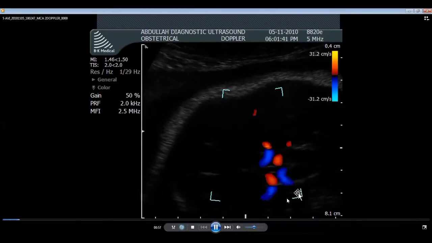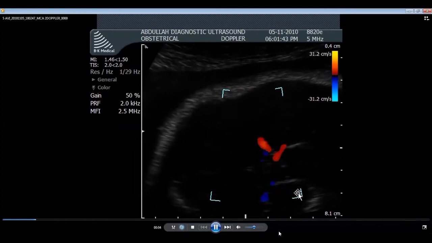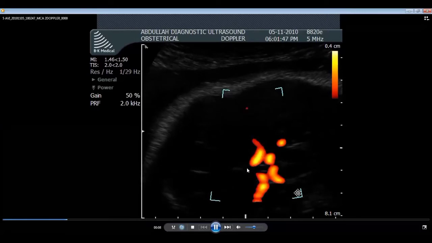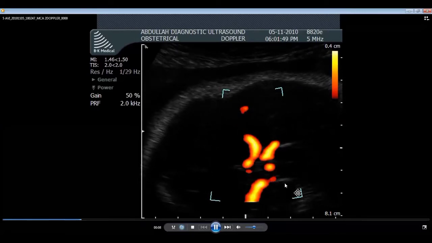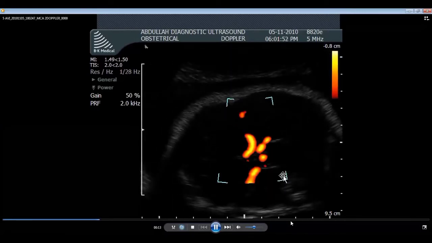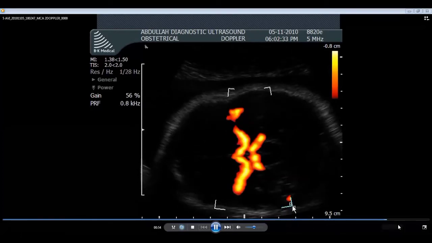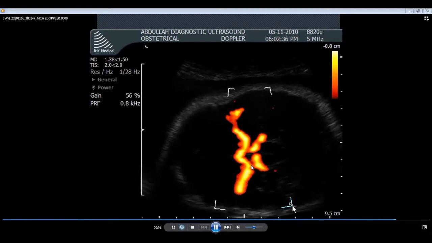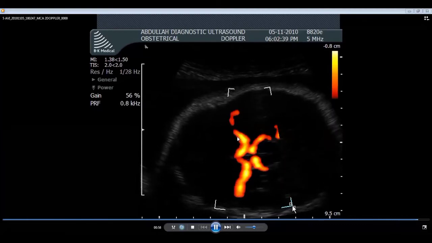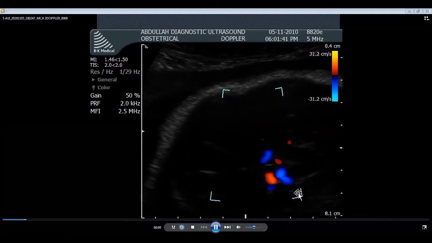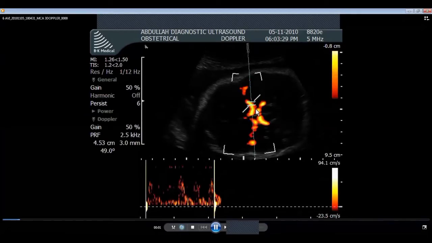There you see the flying monkey sign, the two arms, the head, and the two legs. This is the flying monkey. This is the circle of Willis, and this is the middle cerebral artery. And look at this.